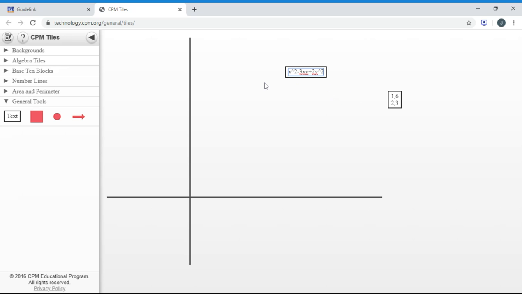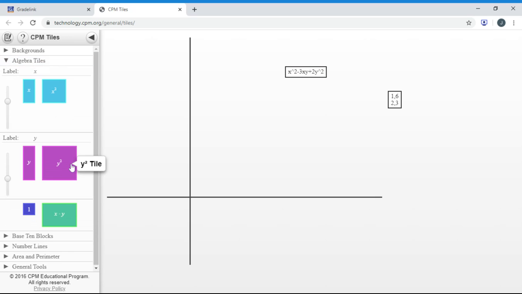So, given the information that we have, we know that the x's are positive. Well, let's actually lay out our initial relationship here. So we have x squared, we have negative 3xy, so we're going to put 3 of these in here.